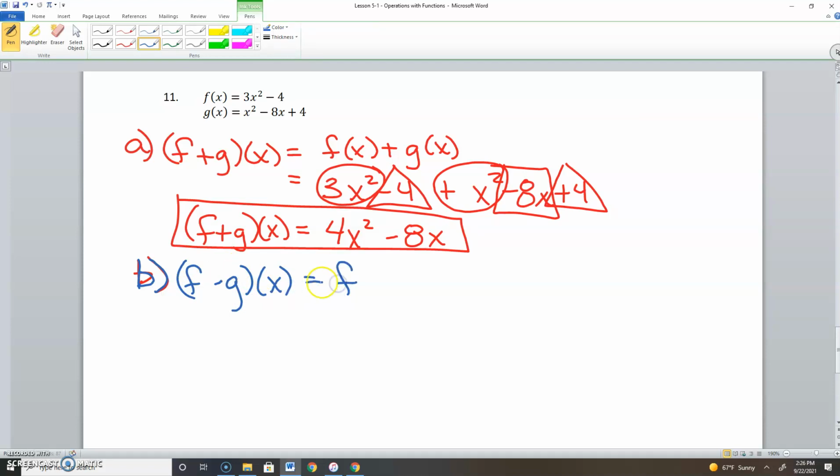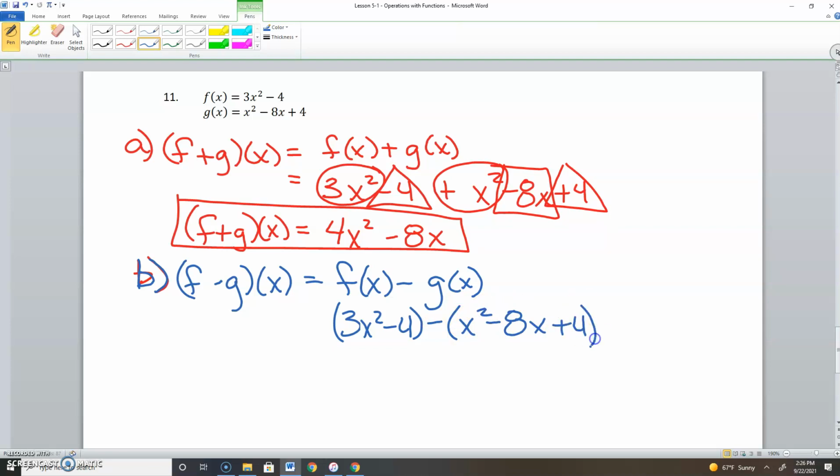So that's going to be f of x minus my g of x. So I'll have 3x squared minus 4 minus x squared minus 8x plus 4.